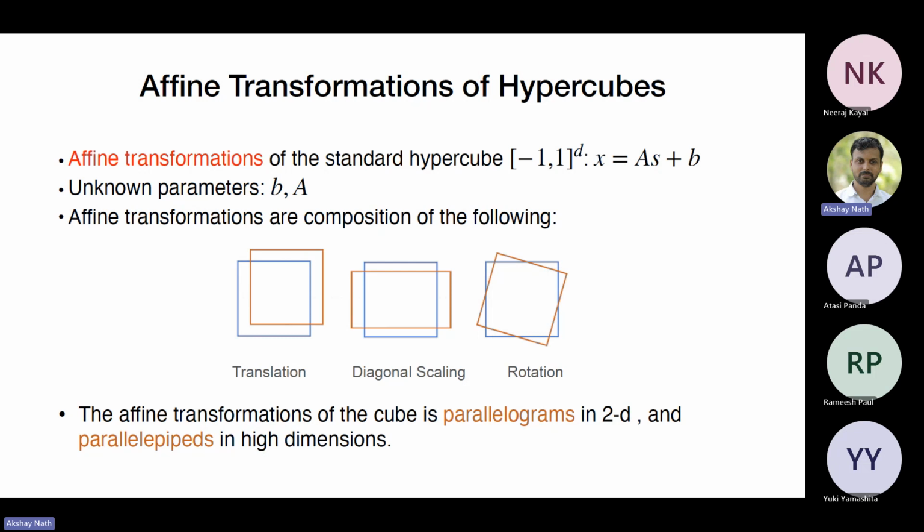After transformation, the cube becomes a parallelogram in 2D and a parallelepiped in high dimensions.